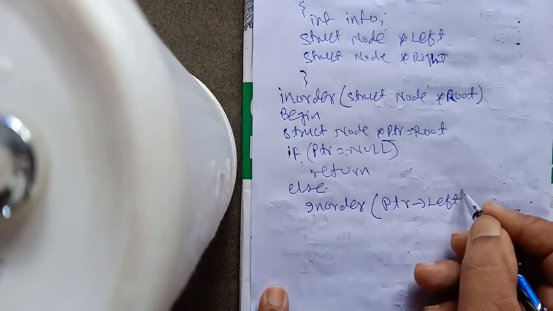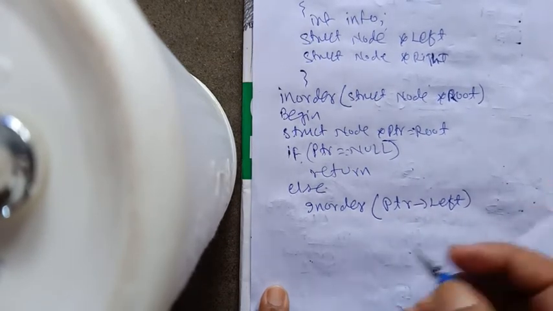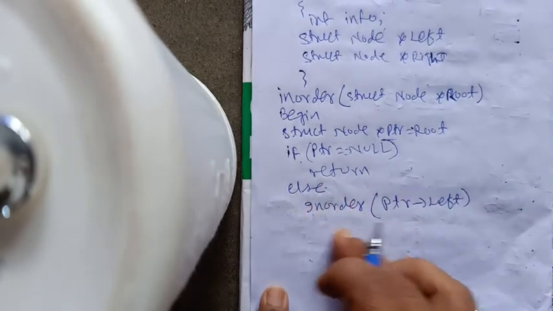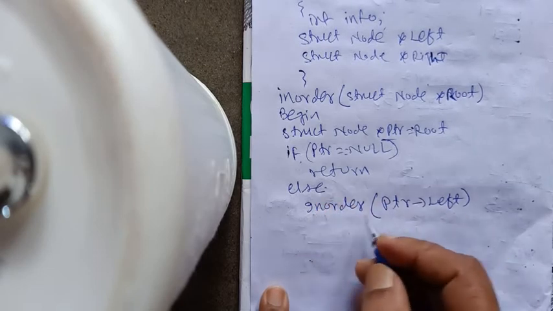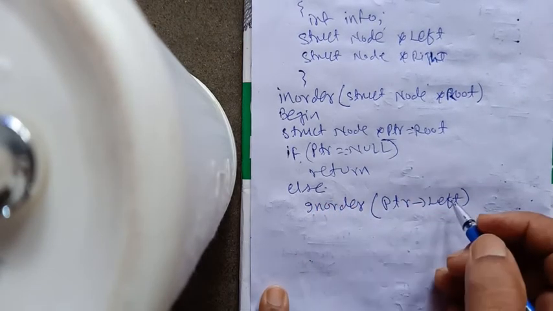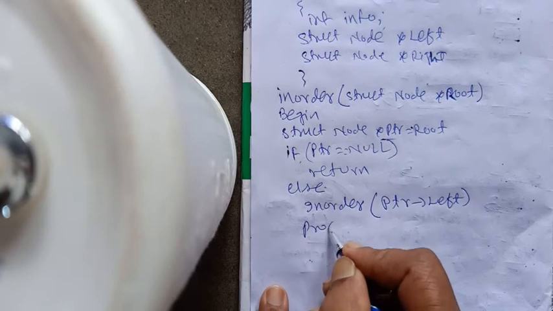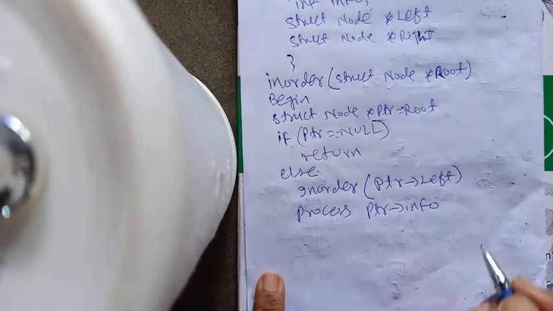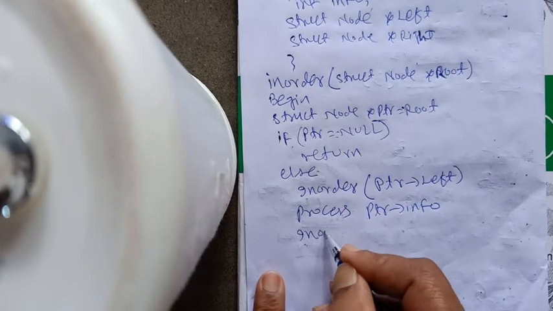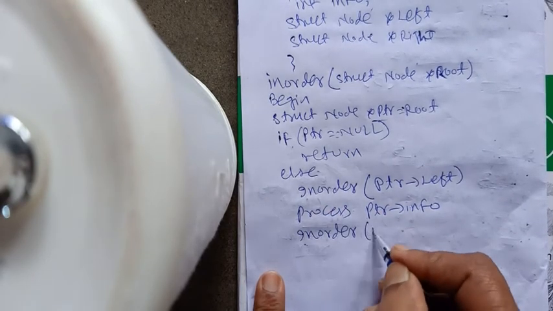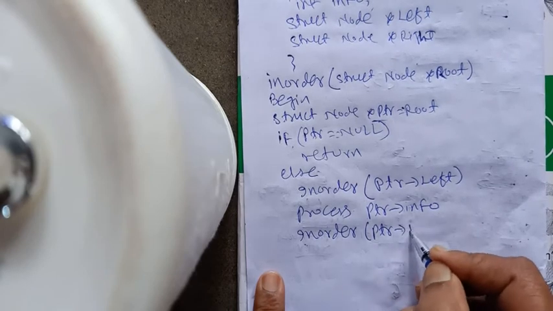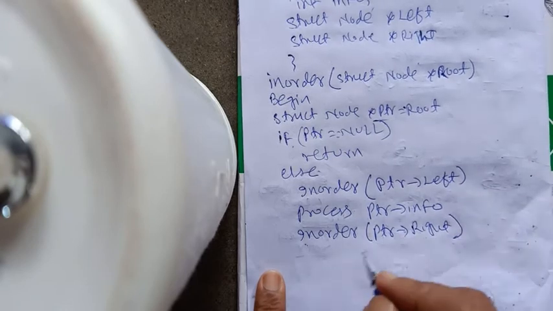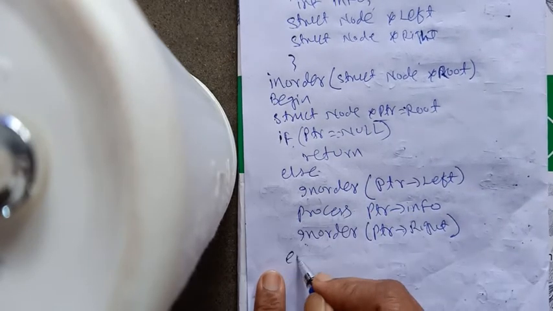So ptr of left is the root node of the left subtree. When this recursive call completes, it will have traversed the entire subtree. Then I will process ptr of info, and then I will again write inorder ptr of right. So this will traverse the right subtree of ptr so that my algorithm will complete.